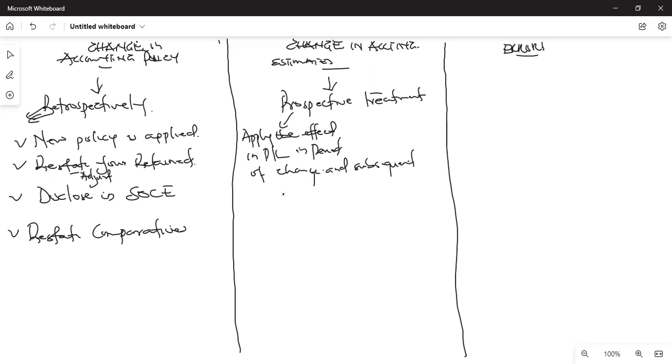So it's prospective. That is what you need to do. Another thing you are supposed to do is that if the effects are material, then you need to disclose it.